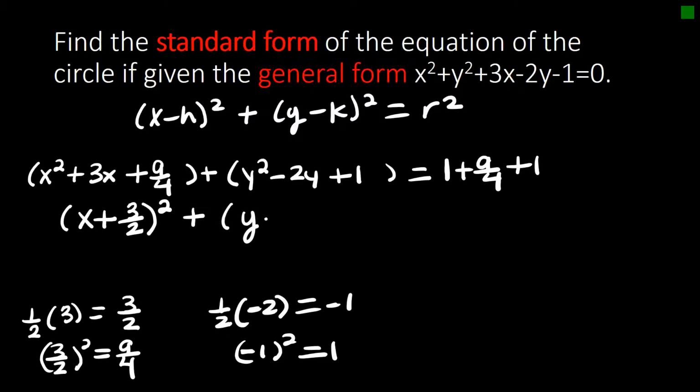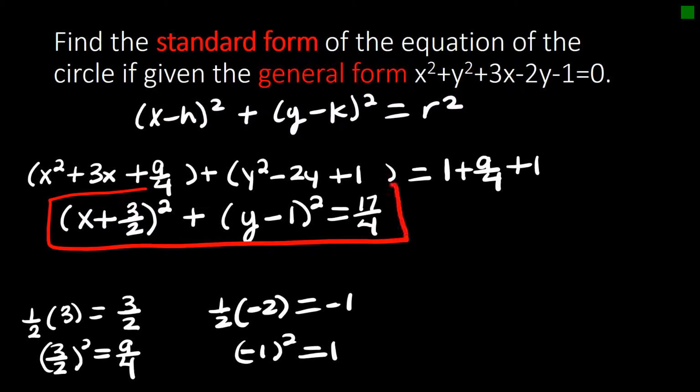So this becomes (y - 1)² equals, and when I add 1 plus 9/4 plus 1, remember 1 is the same as 4/4, I'm going to get 17/4. So this is my standard form: (x + 3/2)² + (y - 1)² = 17/4.